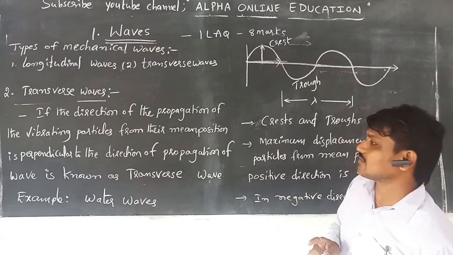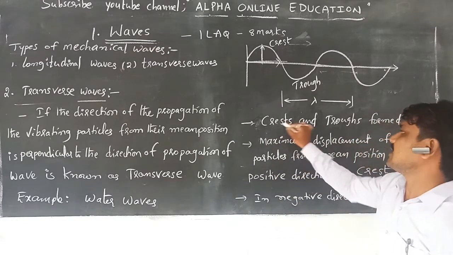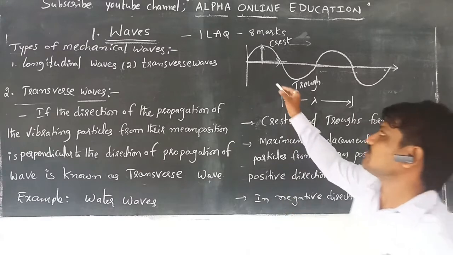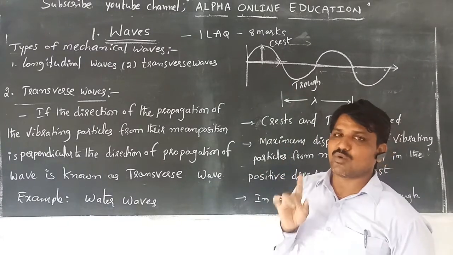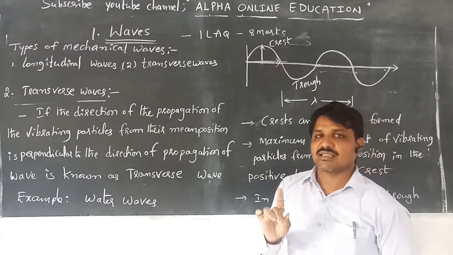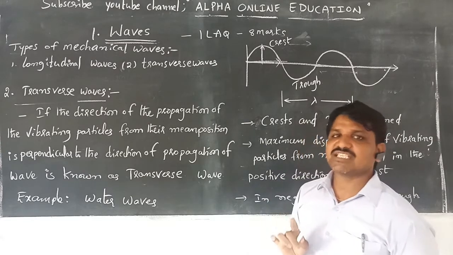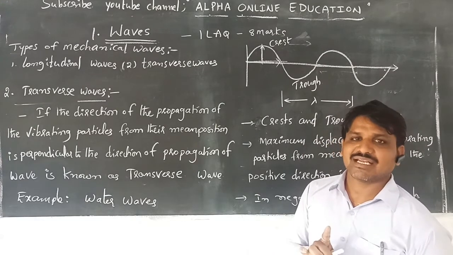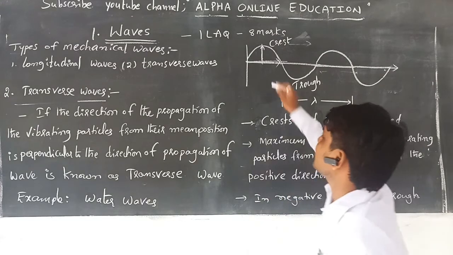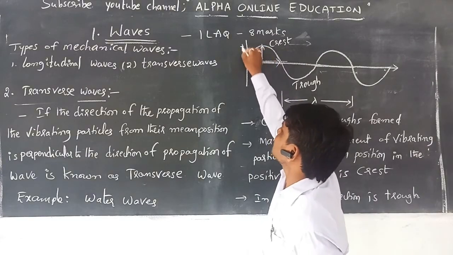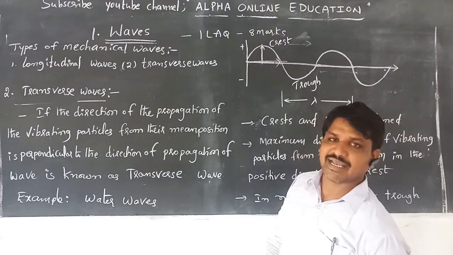In transverse waves, crests and troughs will be formed. What are crests and troughs? The crest is the maximum displacement of the vibrating particles from the mean position in the positive direction. This is the positive direction and this is the negative direction.